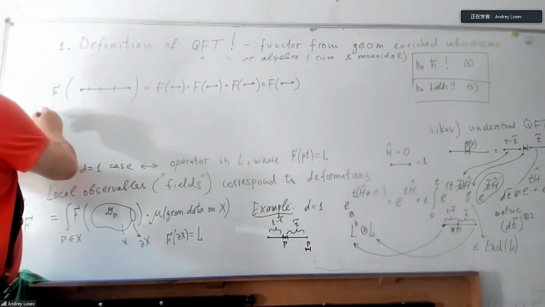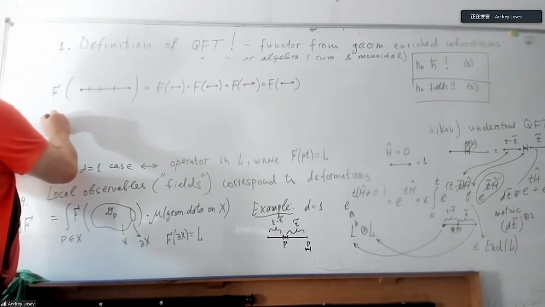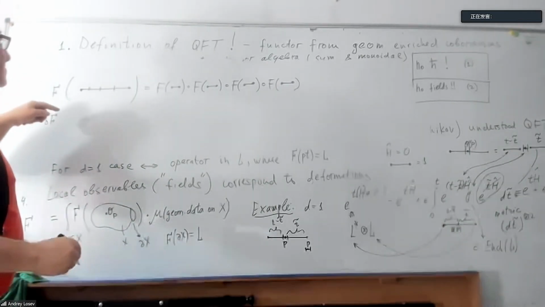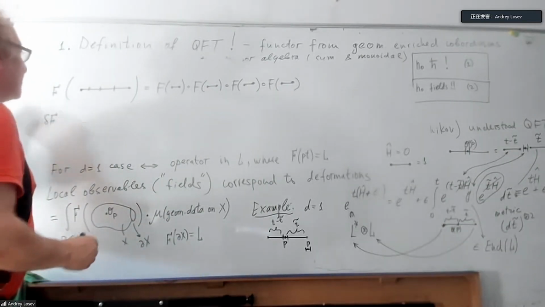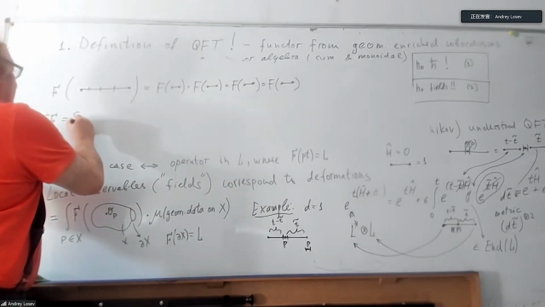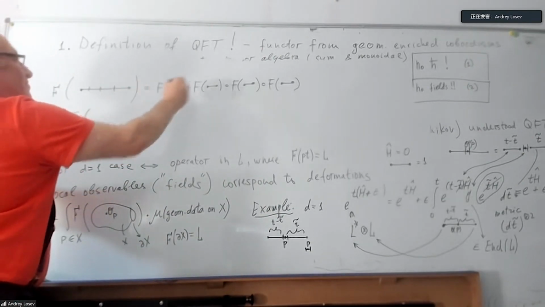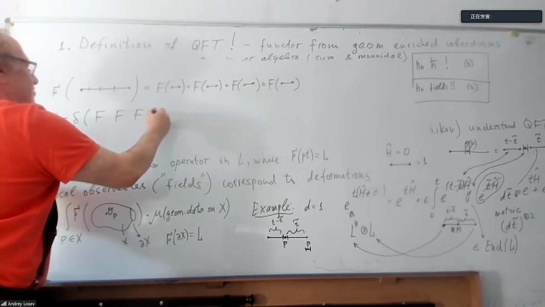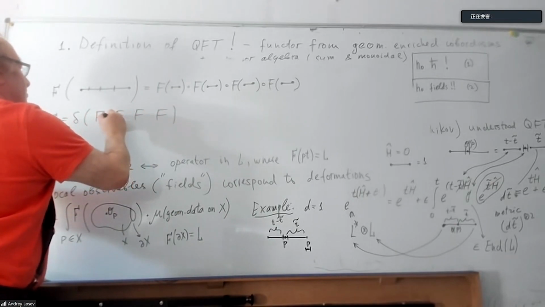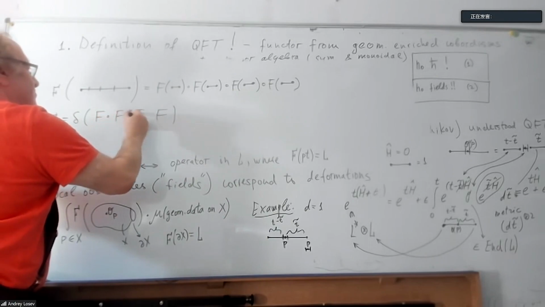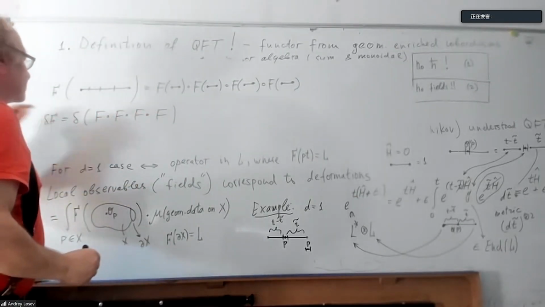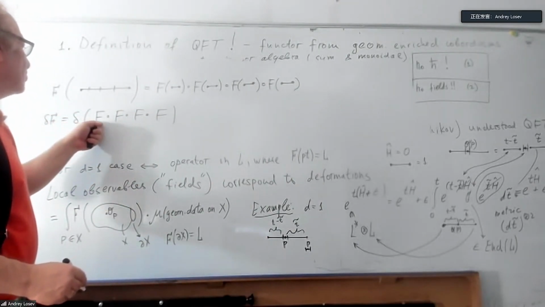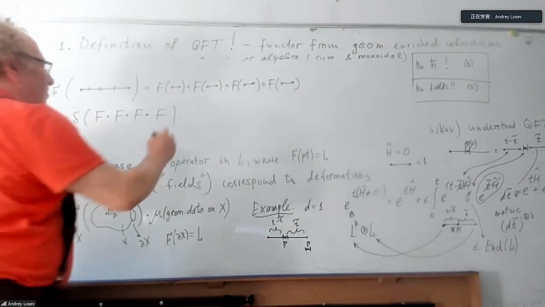Now, I'd like to understand the deformation of it. So the deformation of F is the deformation of these four factors, and then I am applying a Leibniz rule to the product.